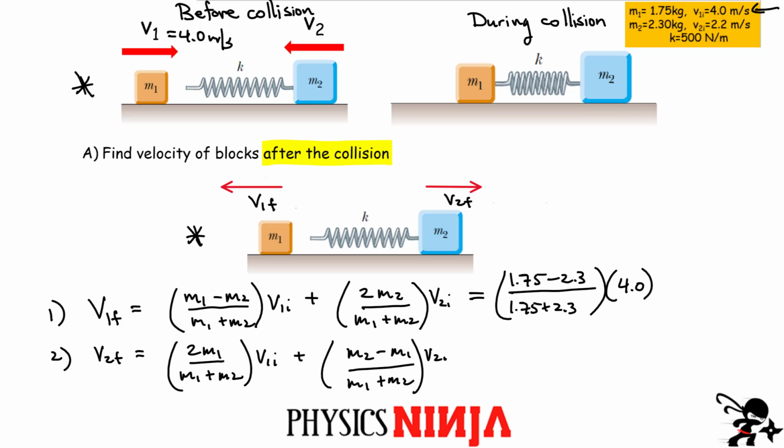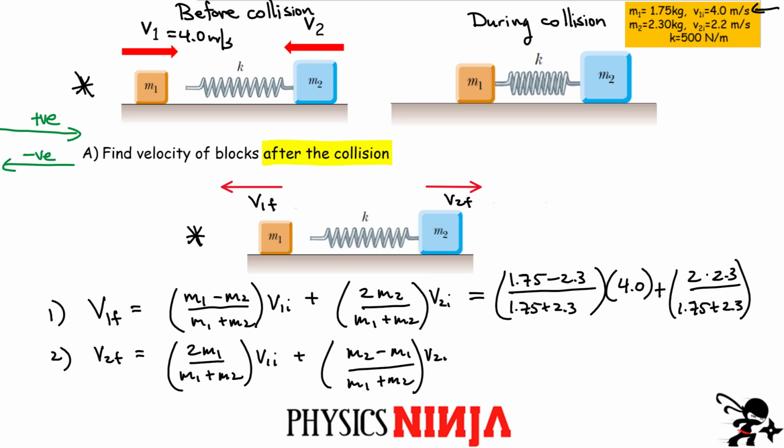What I am doing right here is I'm going to assume that everything moving this way is going to have a positive velocity. Everything moving to the left is going to have a negative value for velocity. This is important when you substitute in the values of v's inside these equations. We still have one more term we have to be careful of here. We have the second term, so we have 2 times the mass m2, which again was 2.3, divided by the same term here, 1.75 plus 2.3.